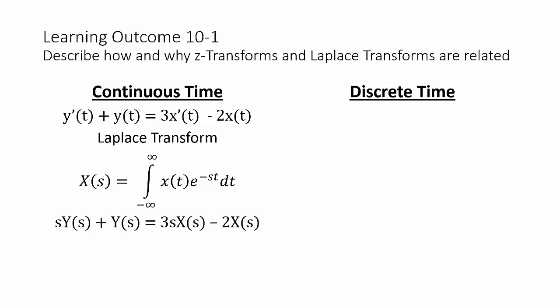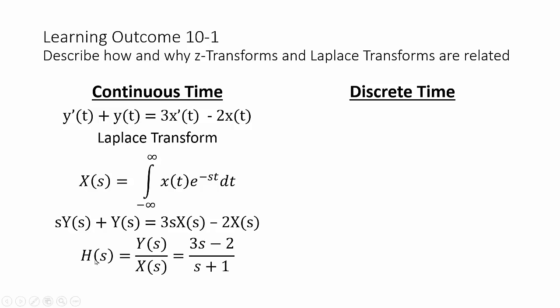We can use that Laplace transform, maybe not directly the integral but from the tables, on this differential equation, and it will produce sY(s) plus Y(s) equals 3sX(s) minus 2X(s). The derivative operator becomes an s times our Laplace transform. We use linearity with both the additivity and the scalability components of it in our transform.